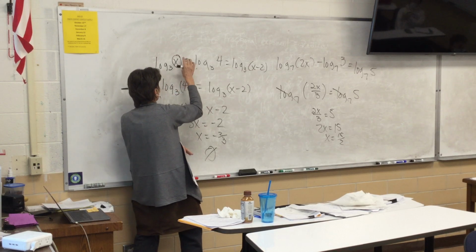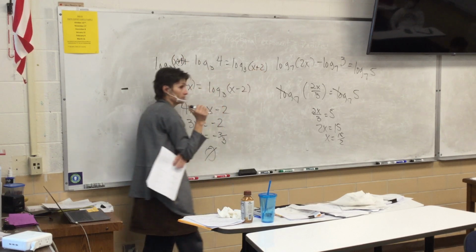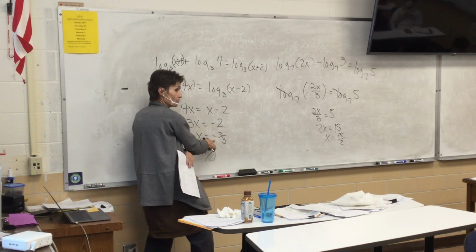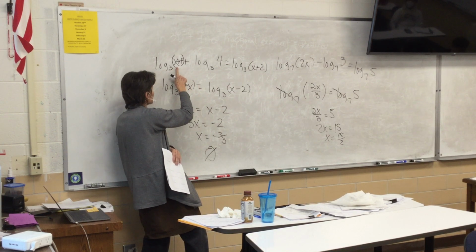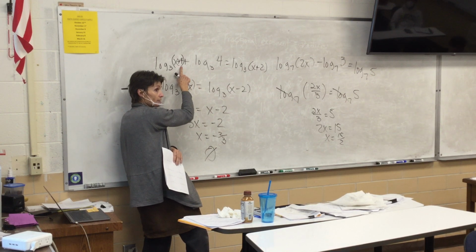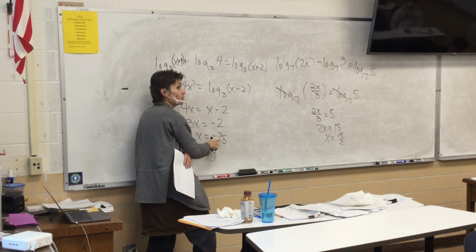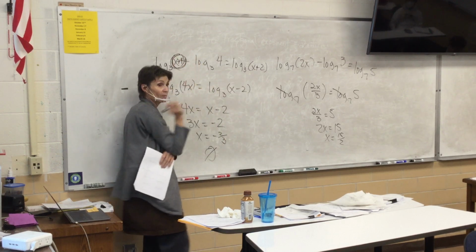If this had been x plus 4, and this had been x plus 2, it wasn't, but let's say it was, and I got negative 2/3, that would be okay, because isn't negative 2/3 plus 4 a positive number? So it isn't the value of x that matters. It's the value of the whole thing you're taking the logarithm of.